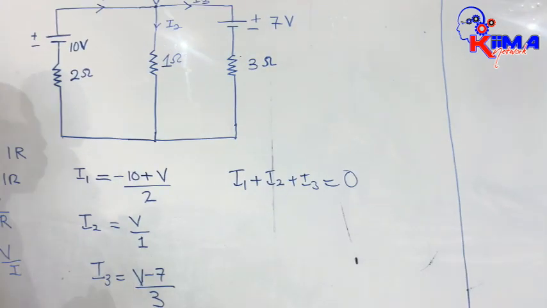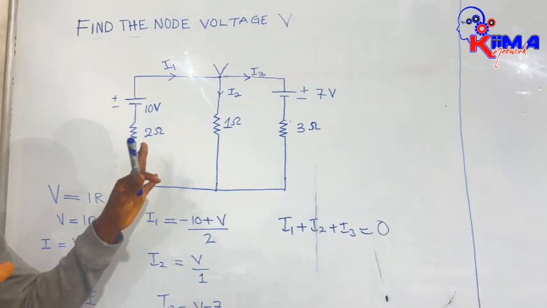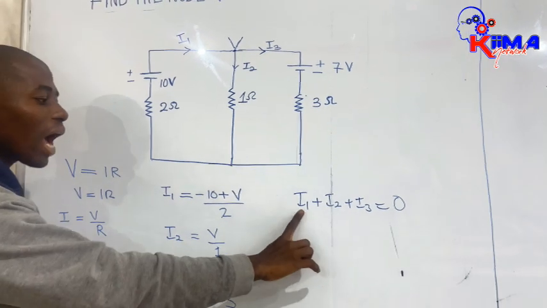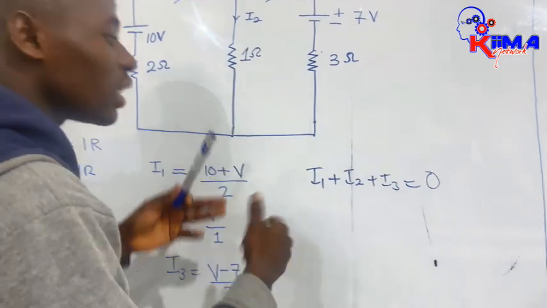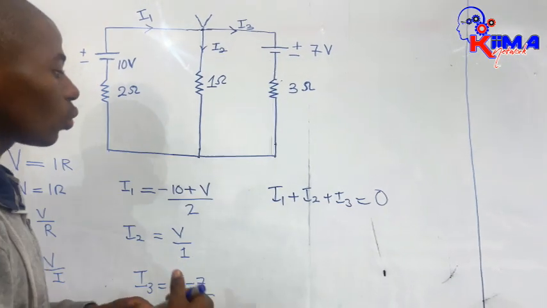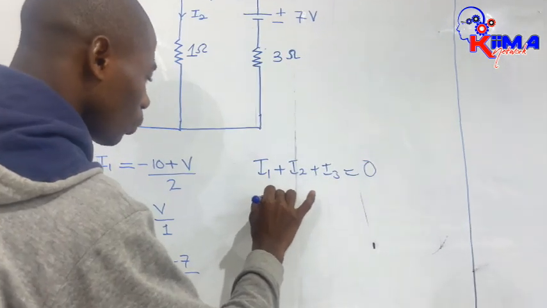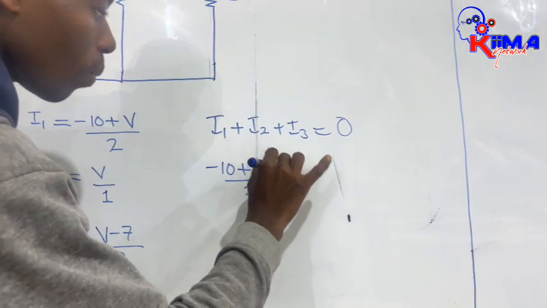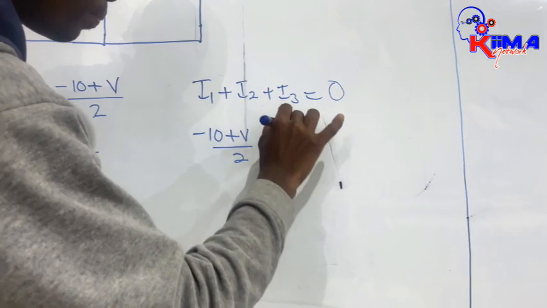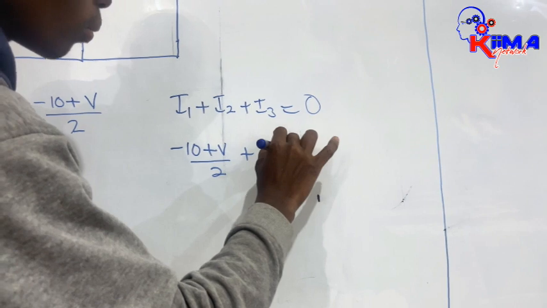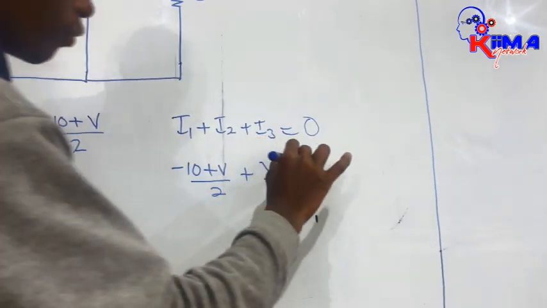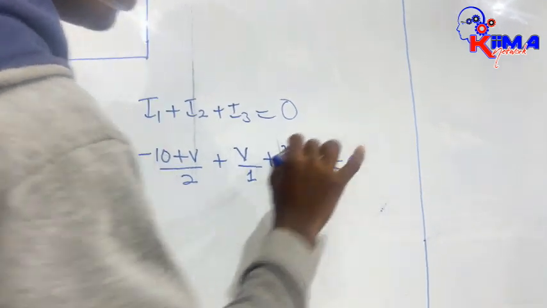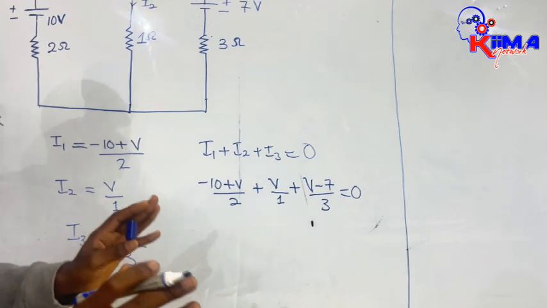Remember, we are asked to find the node voltage, so we substitute the values: minus 10 plus V all divided by 2, plus V over 1, plus V minus 7 all over 3 should be equal to 0. This is very easy for us to solve.